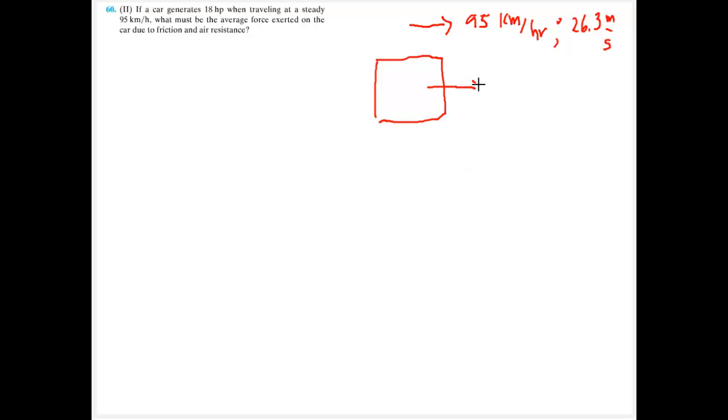So what that's saying is you've got some force due to the engine, and you must have some force due to friction in the opposite direction. It says it's traveling at a steady 95 kilometers per hour, so we know that the sum of the forces must be equal to the mass times the acceleration.